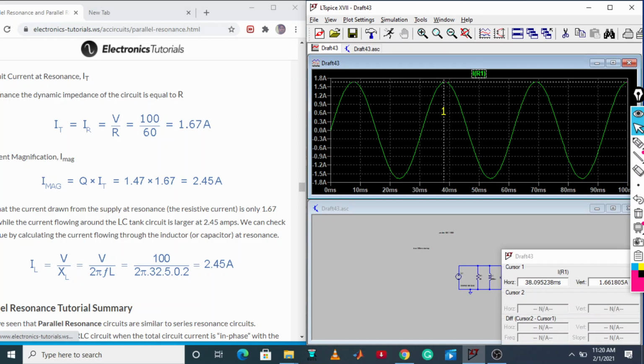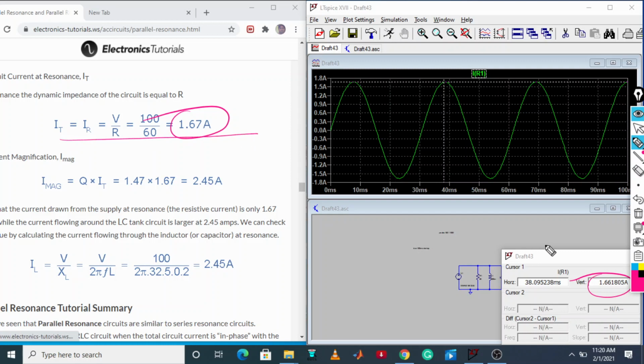Now if you see, the maximum value is around 1.66. Current across the resistor is 1.67 and the calculated value we got is 1.66 ampere. This is IR at that time.